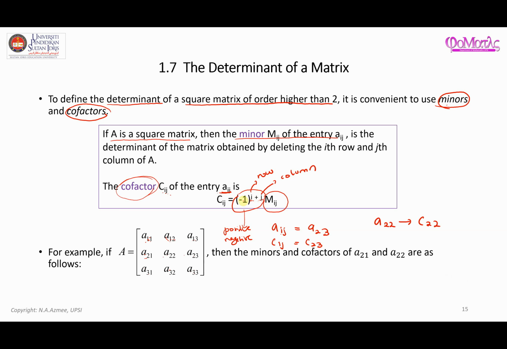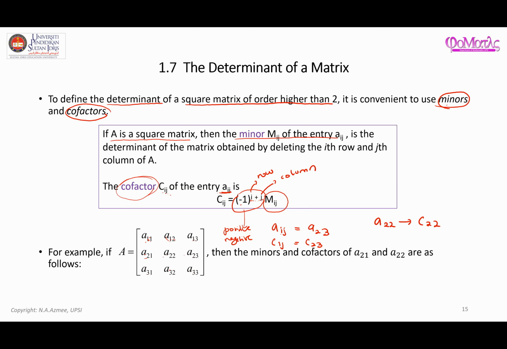Negative 1 to the power of 4 is positive 1, so the sign is positive Mij. As for C23, the sign is going to be negative: 2 plus 3 is 5, negative 1 to the power of 5 is negative 1, therefore the whole result is negative 1 times Mij, which is just negative Mij. So the sign here is just negative.